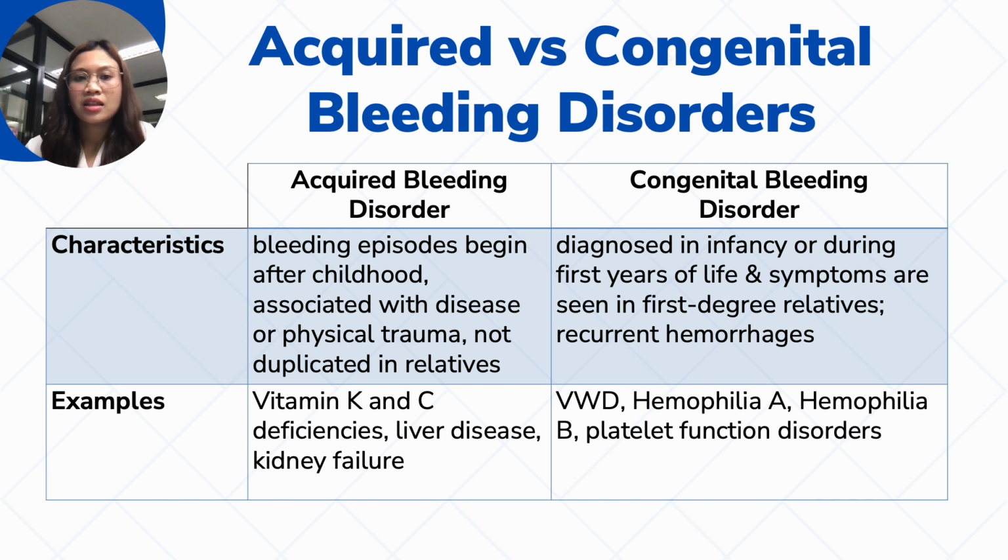As such, these acquired disorders show bleeding tendencies after childhood, with bleeding tendencies or symptoms not present among the patient's relatives. Meanwhile, congenital bleeding disorders are seen early in infancy, and bleeding symptoms are seen in first-degree relatives. Examples of acquired bleeding disorders include von Willebrand disease or VWD, hemophilia, and acquired qualitative platelet disorders, which will also be discussed shortly.